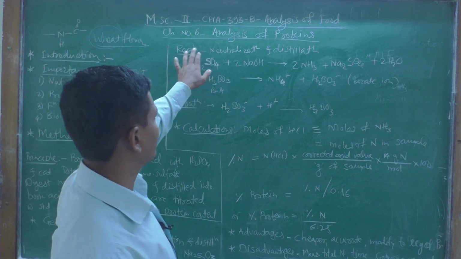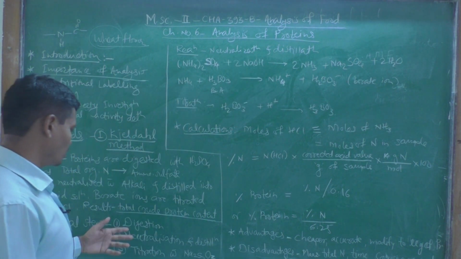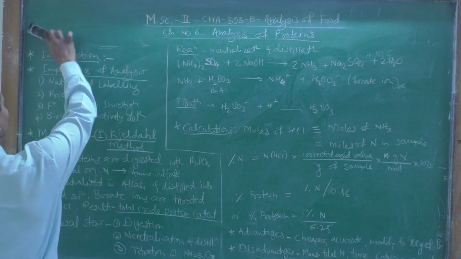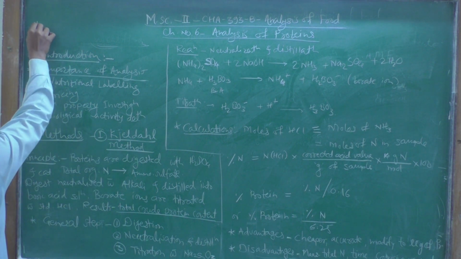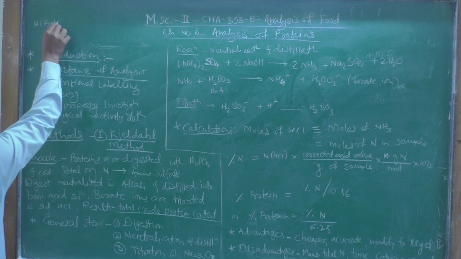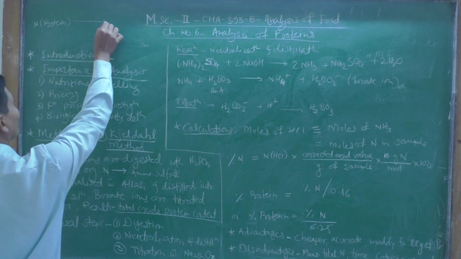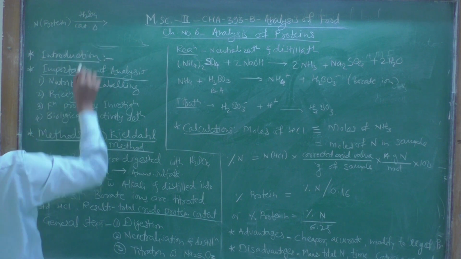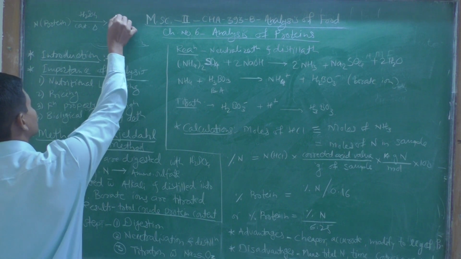The reactions that are happening in this digestion are like this: nitrogen, in short proteinous nitrogen, present in the food sample, we heat it in the presence of sulfuric acid and catalyst, and it is converted into NH4 plus ions.